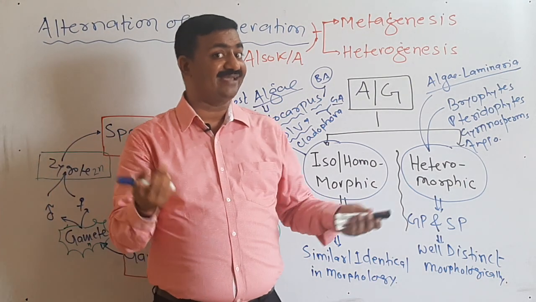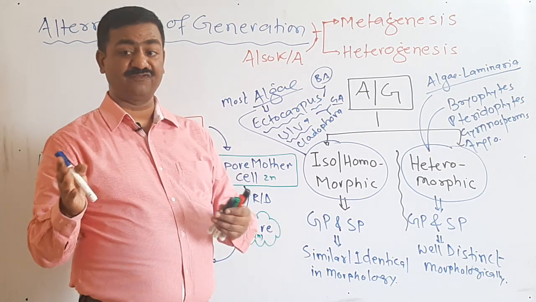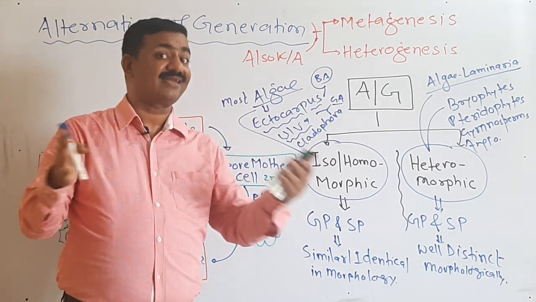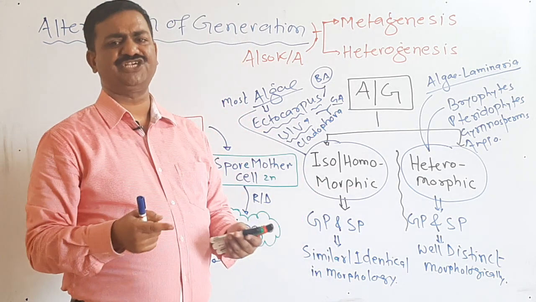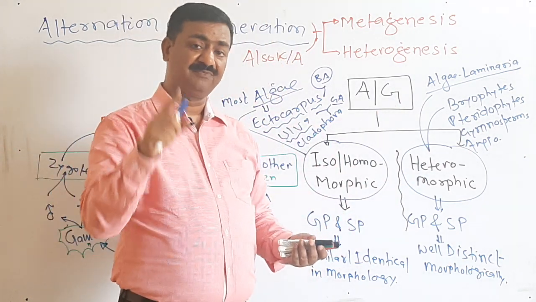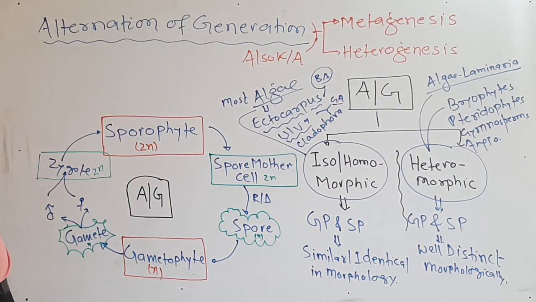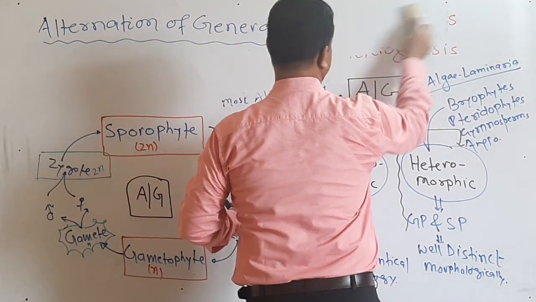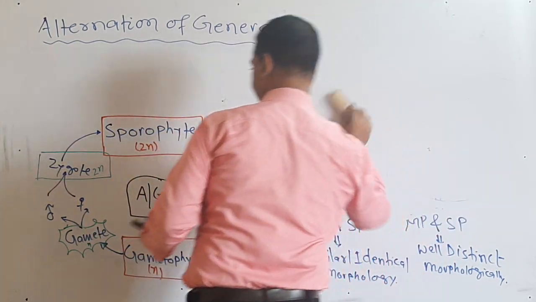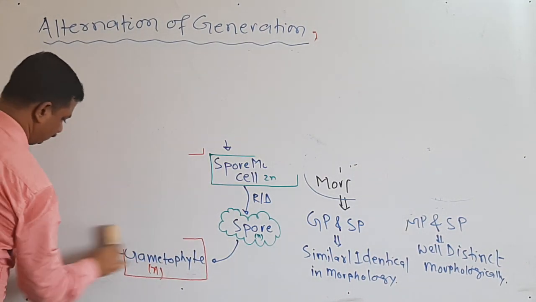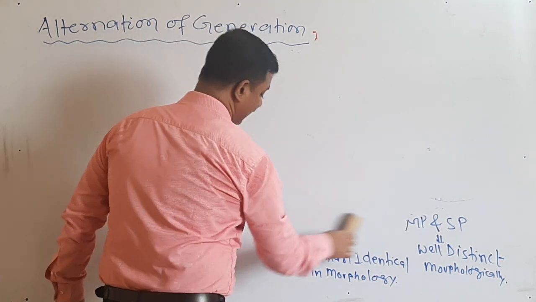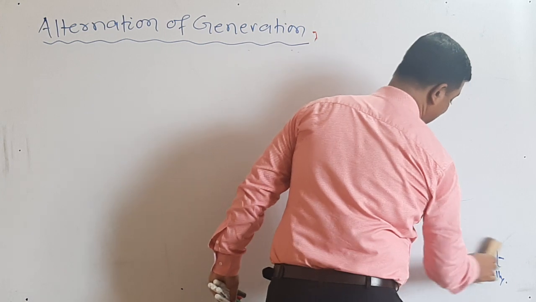Now I will talk about how you will recognize that the sporophyte is different and the gametophyte is different, how they are not identical. Let's see this alternation through a very good example and its figurative representation. This spore is also supposed to be analogous to a seed in lower plants.